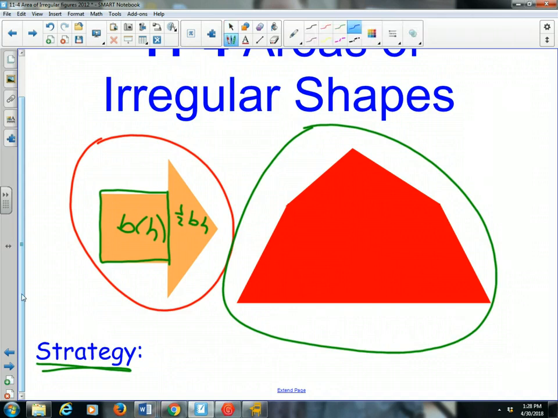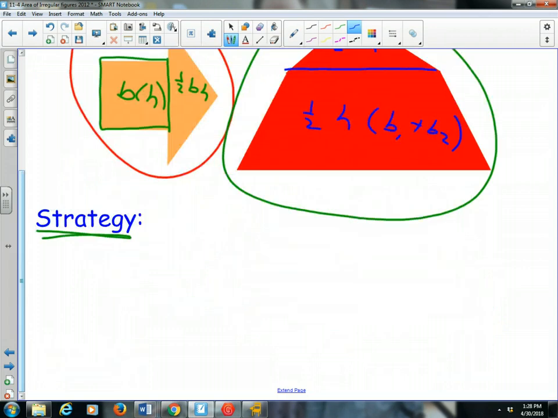I can take my sword and slice right there. And then I have 1/2 base times height for the triangle, 1/2 height base 1 plus base 2 for that trapezoid. So that's the strategy in every problem basically in this lesson.